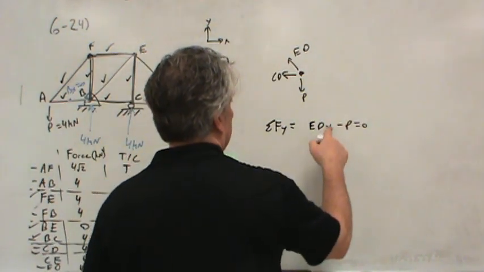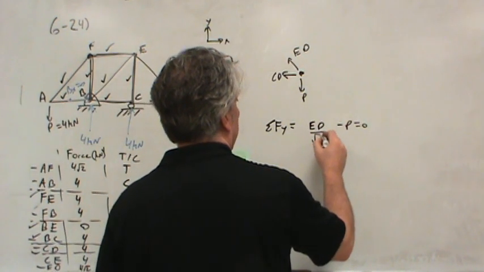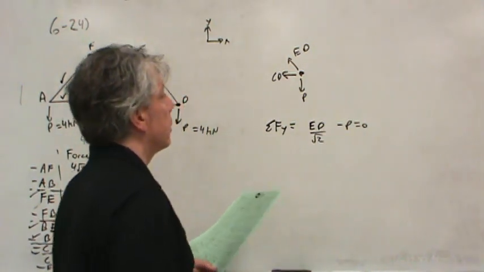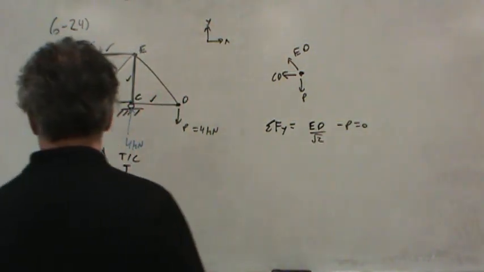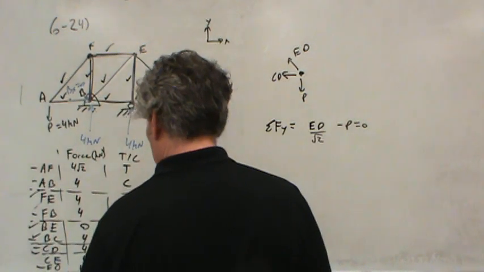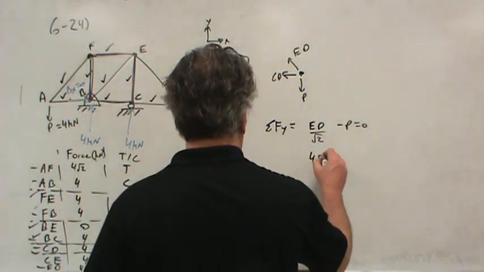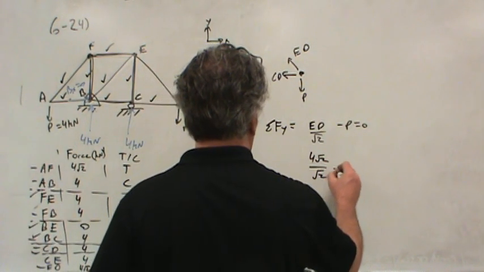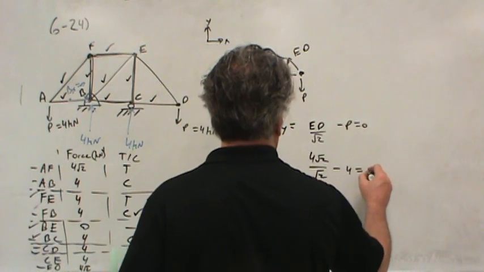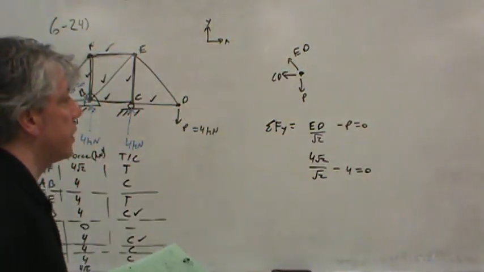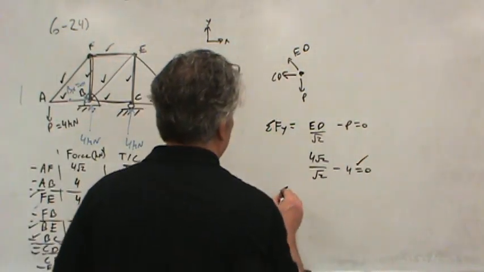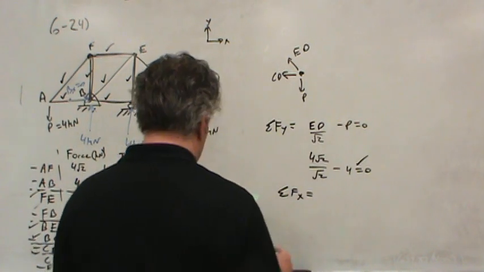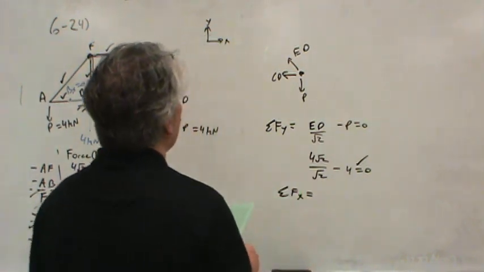Well, EDY is ED over root 2. And so if we plug in the value of ED, what is it? It's 4 root 2. P is 4, and sure enough, yes, that is 0. So that works.